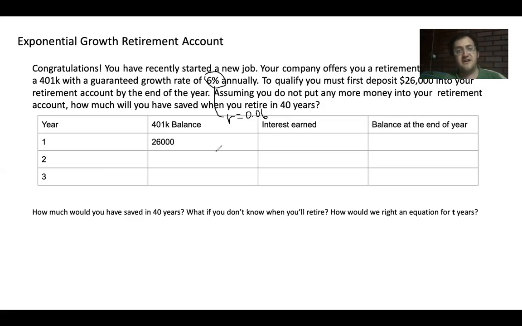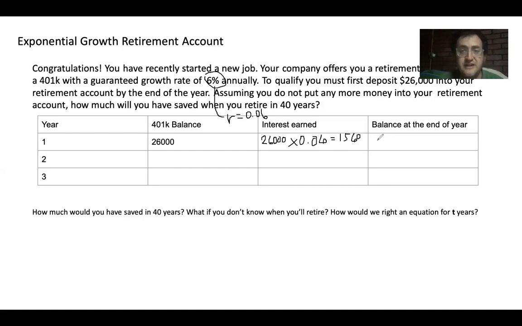So we're just going to start at year one. We come in with a $26,000 balance in our account. Maybe you've had a job where you saved $26,000. You're going to do 26,000 times 0.06, because we want to know how much interest we earn in that first year. So we actually earn $1,560.